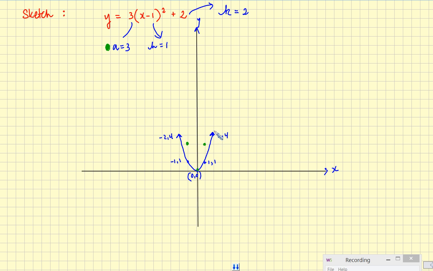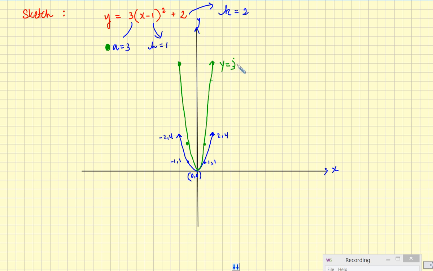So 4, 5, 6, 7, 8, 9, 10, 11, 12, which is there. And then symmetrically on the other side, it will go over there. So there is my graph for, let me just point out, y equals 3x squared.